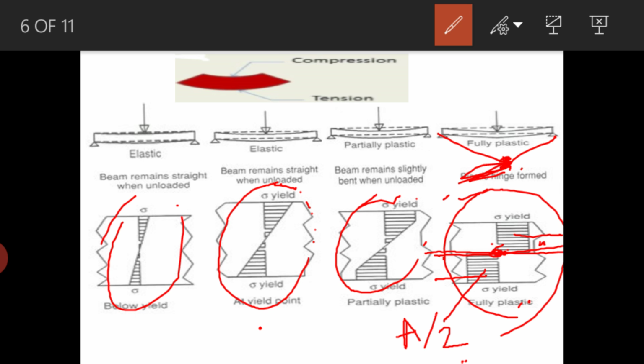If you understand this concept of forming a plastic hinge, a plastic section, a partially plastic or a slender section, you can easily understand what plastic sections, compact sections, semi-compact sections and slender sections are.